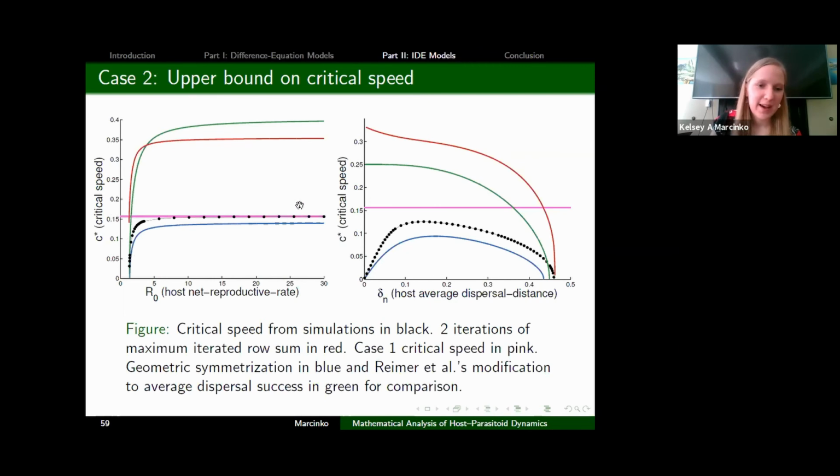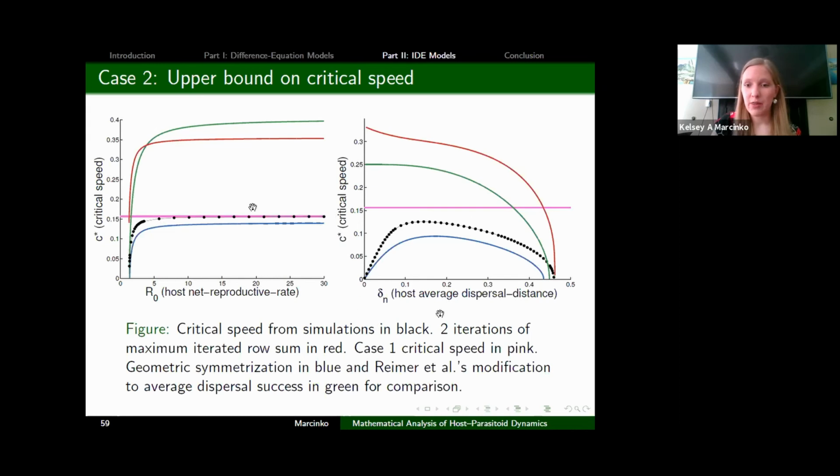What we see is that as the host net reproductive rate increases, case 1 is a really tight bound on the critical speed from the simulations.